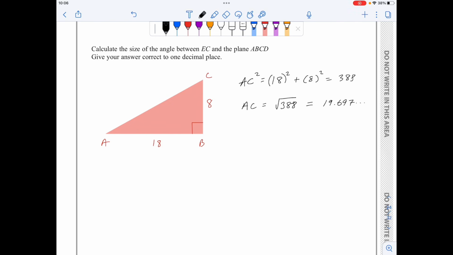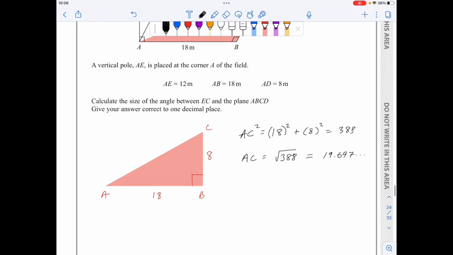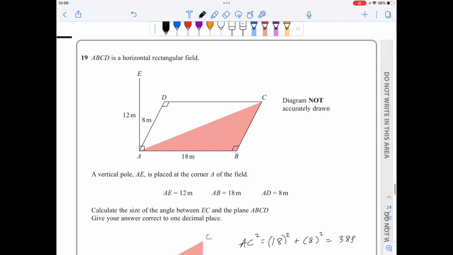So now let's go to our 3D shape again. I need to work with triangle ACE. This is a right angle triangle which is standing perpendicular to the floor, and I need to work out the angle ACE. So again, let's extract this triangle.